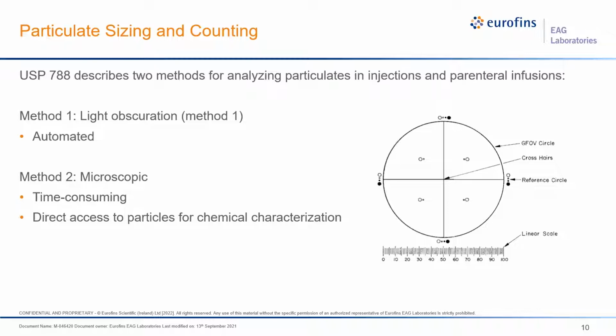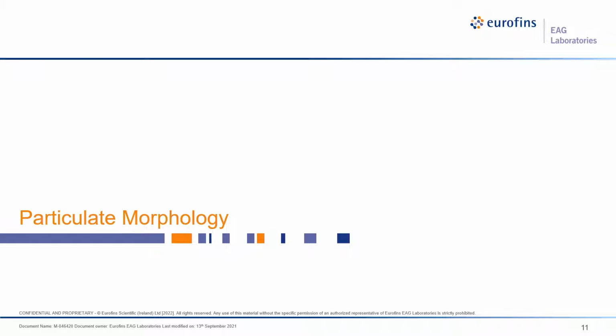The microscope method is time consuming. Of course, you have to manually filter and count the particles in the eyepiece of the optical microscope. But the benefit is you have direct access to the particles. You've already separated them from the solution. You have the particles on the filter. Once we've collected the particles, we talk about particulate morphology.